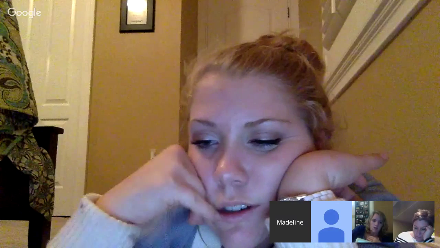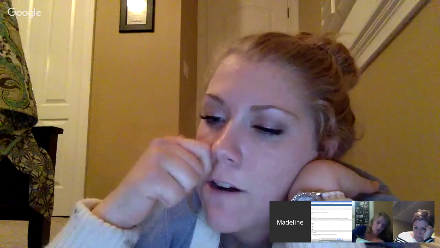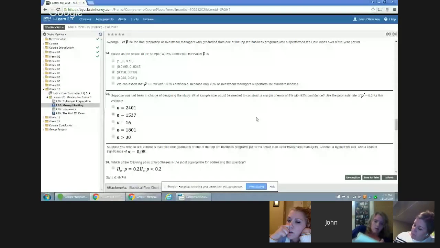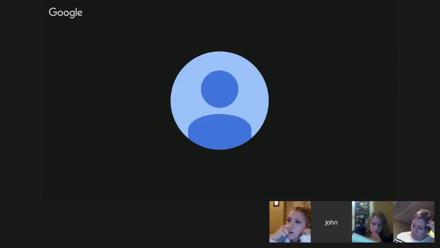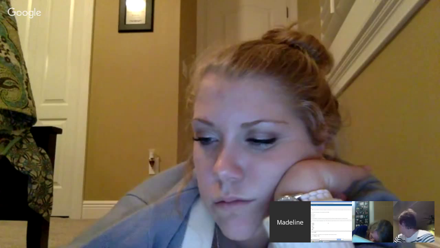So n equals z star over m, in brackets, squared, times p star times 1 minus p star, where z star is 1.96, over 0.02, and p is 0.20.